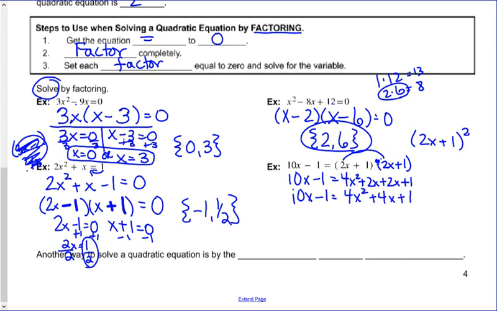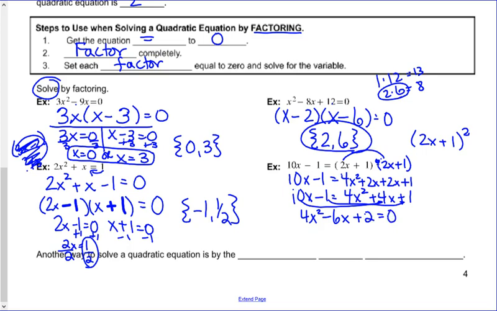Now, we're not even equal to 0 yet, so we have to still keep working. So I'm going to bring this 10x over and this plus 1 over. So I get a 4x squared. Now, for the 10x, I have to subtract it. So 4x minus 10x is a minus 6x. And adding the 1 over gives me a plus 2 equals 0.